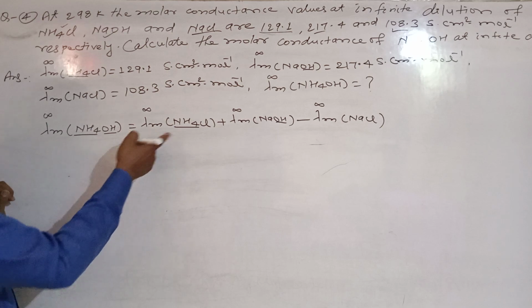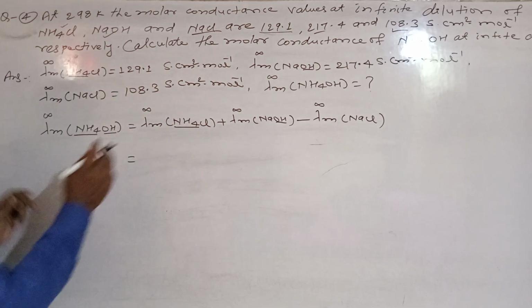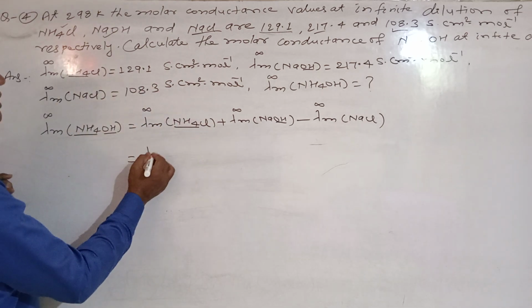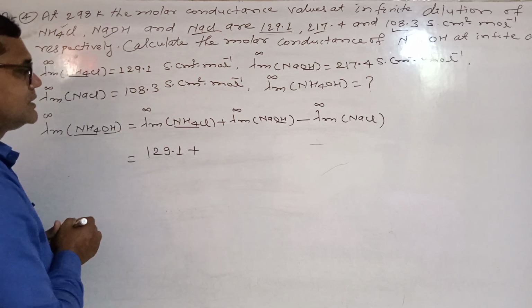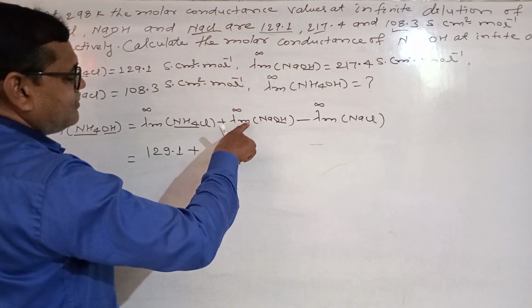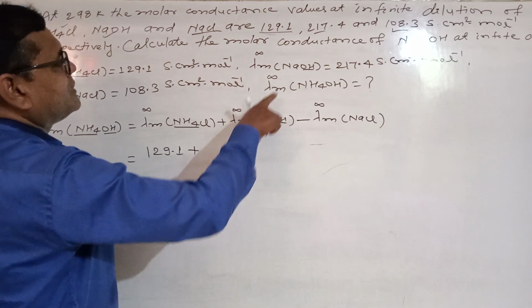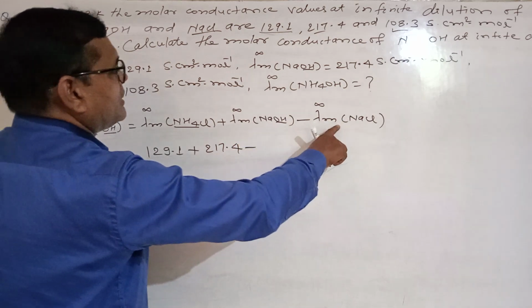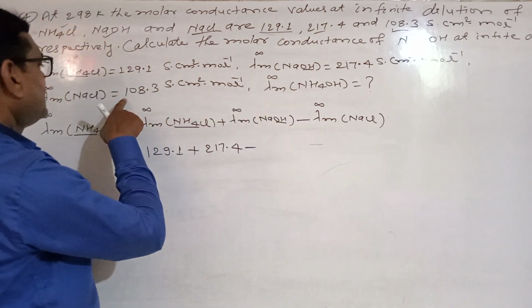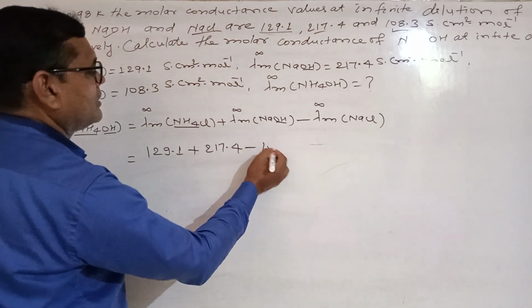Now we put the value of NH4Cl, which is 129.1, plus the value of NaOH, which is 217.4, minus the value of NaCl, which is 108.3.